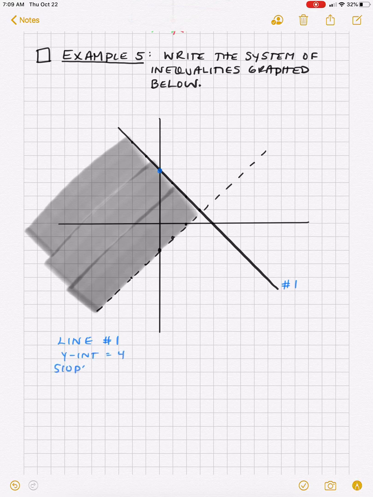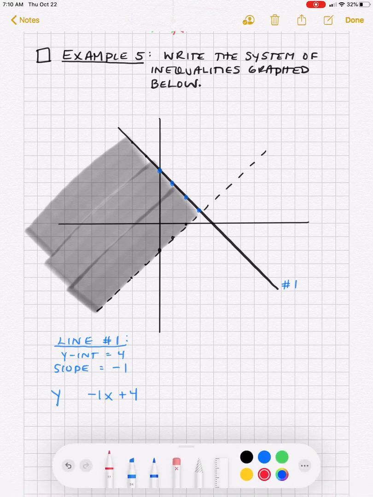The slope of the line, we should be able to tell if we pick out points on the graph. And when I look at this, I actually see that it's going down 1, right 1. That means that the slope is -1. So what we can do is let's put this together. It's going to be y. Now, I do need to figure out what the inequality is. We'll come back to this part, but the boundary line is going to have a slope of -1x and a y-intercept of 4.